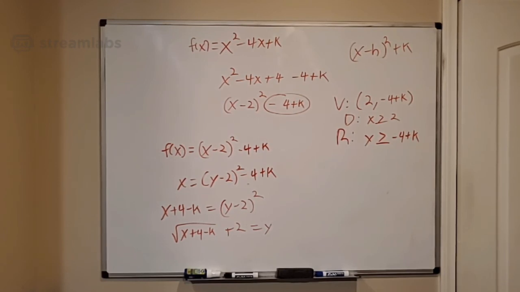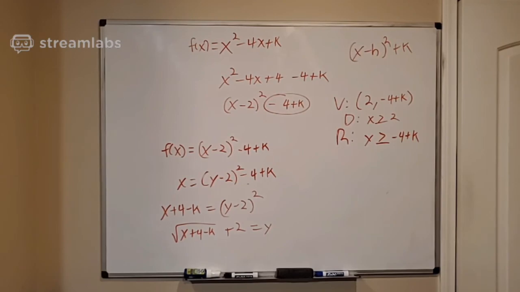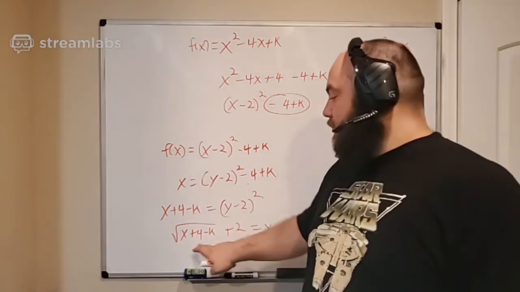What do I now know about my inverse function? The range will be y is greater than or equal to 2. So does that mean I need the positive version or the negative version out in front? I need the positive version. If I had the negative version, it would be going smaller because it would be some negative number plus 2. So I have to have the positive version.